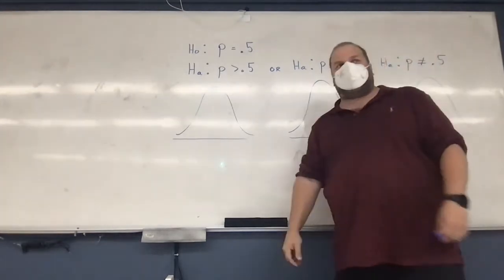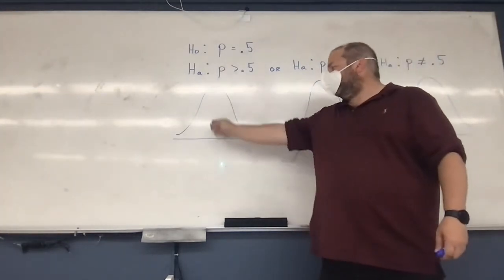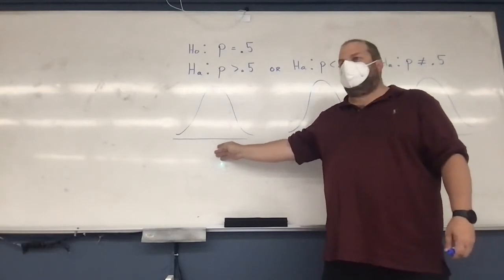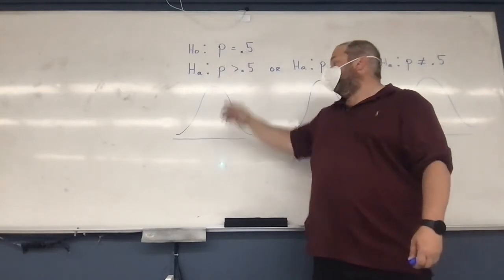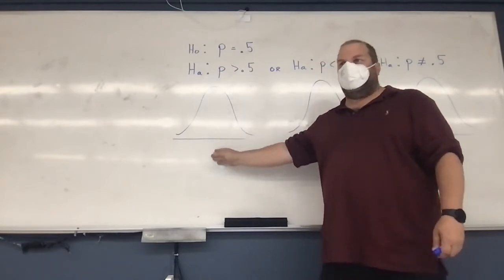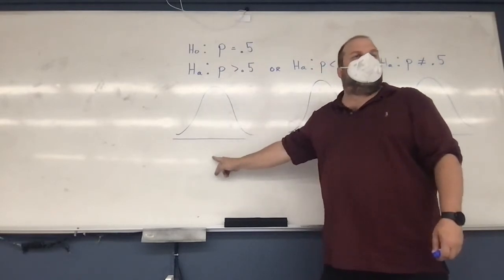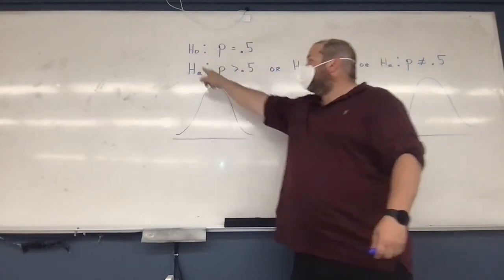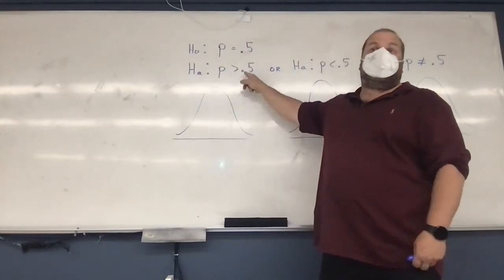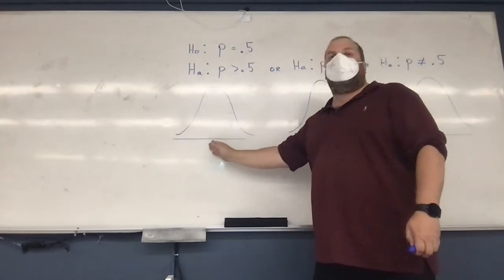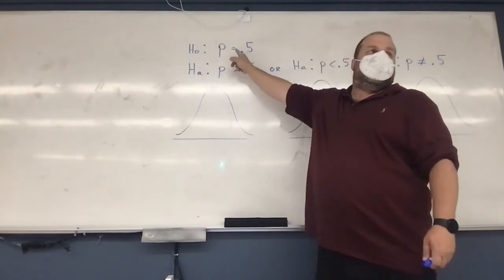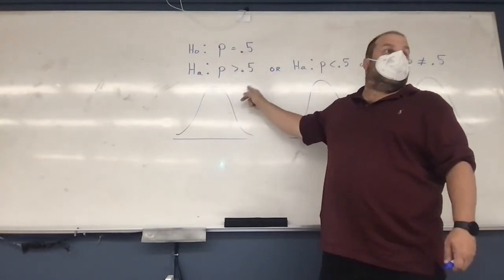If the null hypothesis is true, I expect a value somewhere near the peak of the distribution. The null hypothesis is saying it's 0.5 right here in the center, so I should get a value here. If I'm going to reject the null hypothesis in the case where the alternative is greater than 0.5, where would my value land on the spectrum where I would say the evidence supports this?